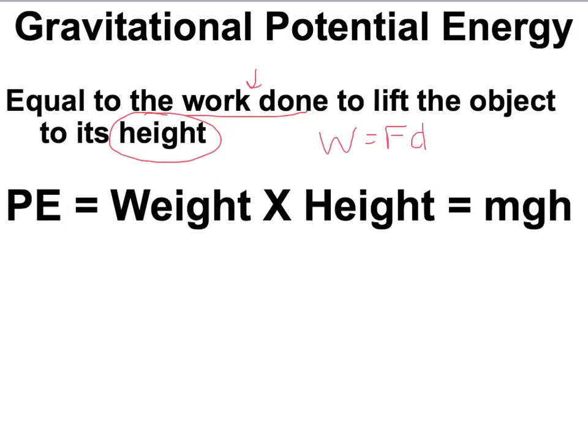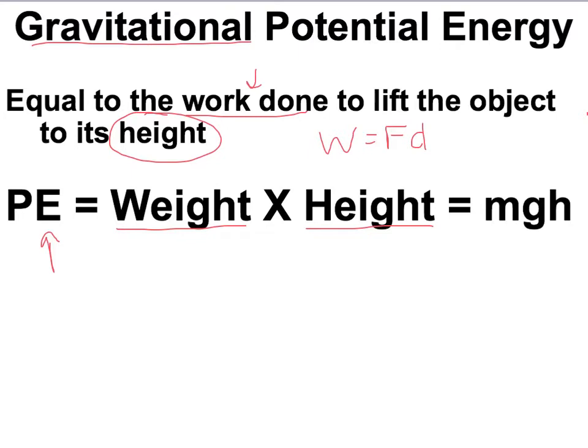And when you lift something, what's the force? That force is going to be the weight. And when you lift something, what's the distance? Well, that's the height that you're lifting it to. So in this case, we have potential energy, or specifically gravitational potential energy, equals the weight of the object multiplied by the height of the object.